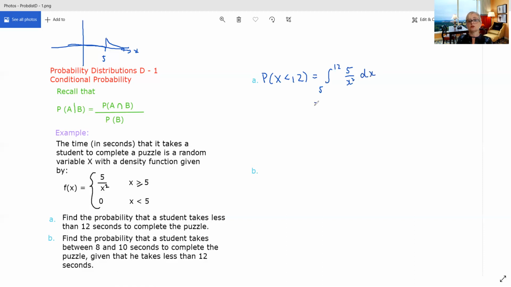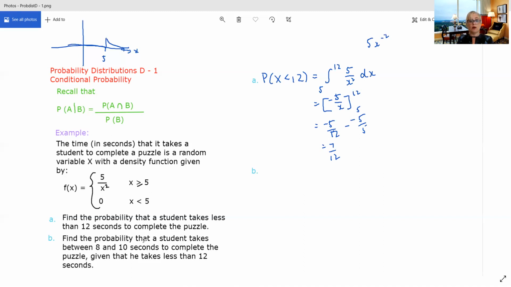This is quite easy to do. Just going to get negative 5 on x, 12 to 5. So we get negative 5 on 12 minus negative 5 on 5, which is 1. So that's 7 on 12. All right, 5 on x squared is 5x to the negative 2. So when you increase the index by 1 and divide by the new index, you get that.